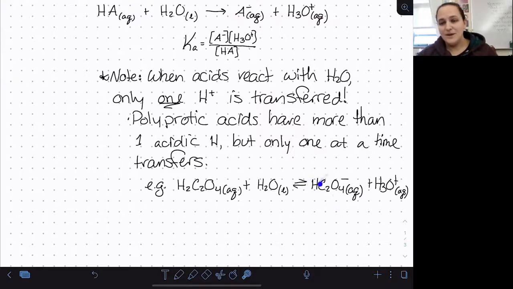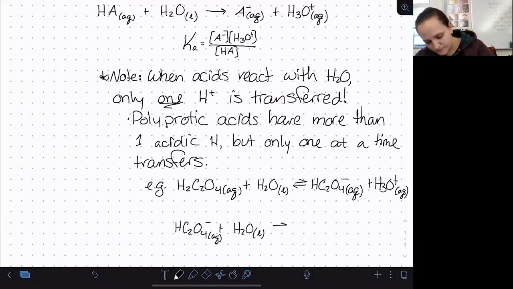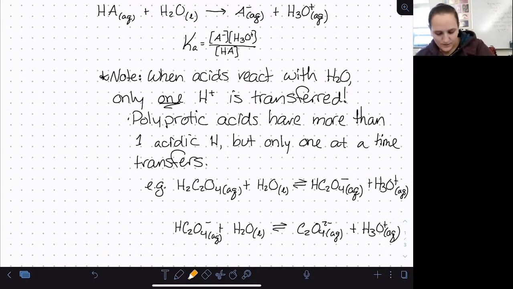This conjugate base still has an acidic hydrogen on it, so that can go on to react with a separate water molecule to give us the oxalate ion and another mole of hydronium. So the conjugate base in this first reaction was the acid in the second reaction.